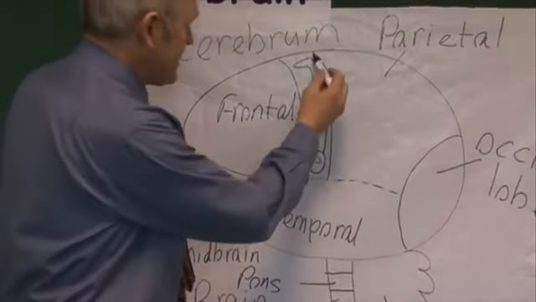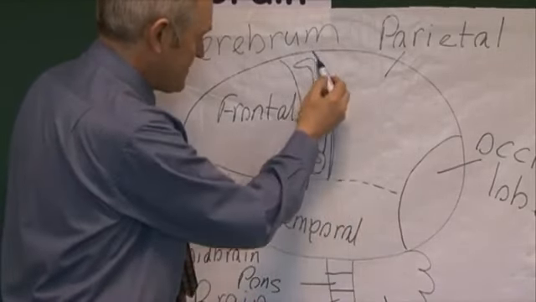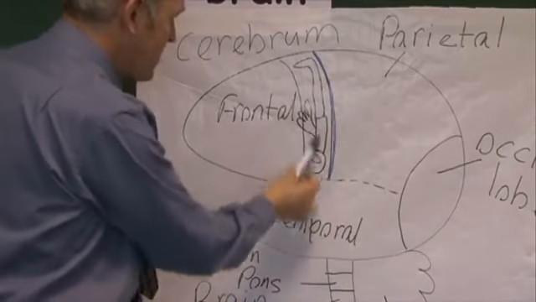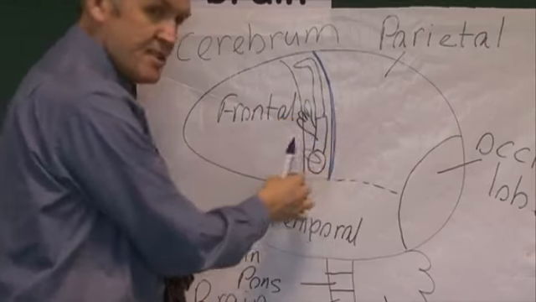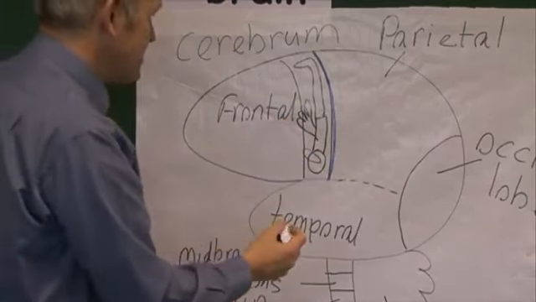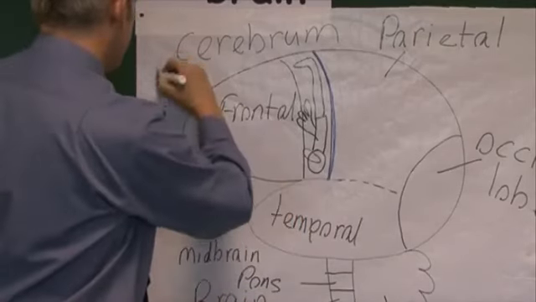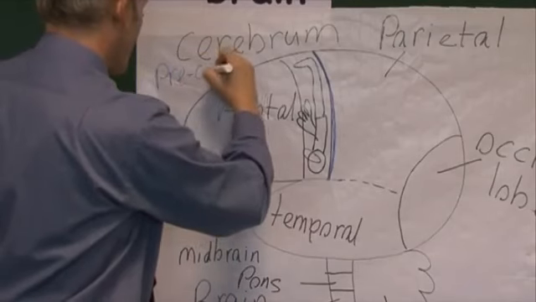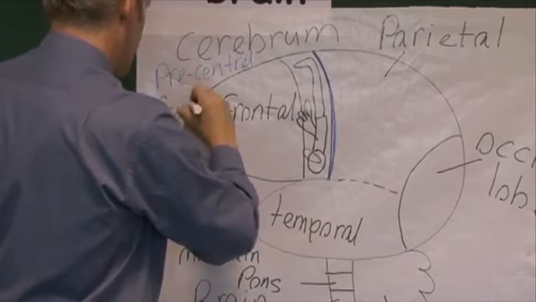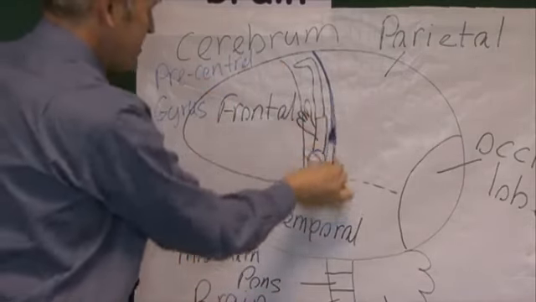And then we have this division called the central sulcus. The area of the motor cortex is a gyrus. It's an elevated area of the brain, and it's sometimes called the pre-central gyrus. It is the gyrus before the central sulcus.